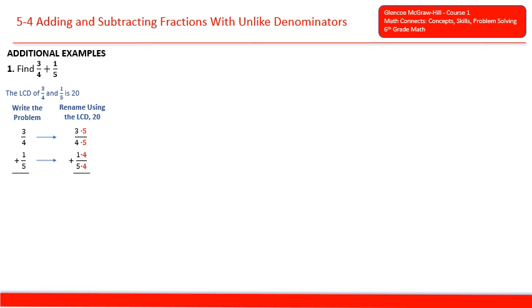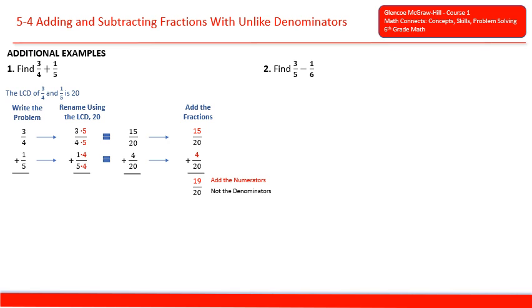So we will multiply 5 times 4, and therefore 1 times 4. If we multiply those out, we get 15/20 plus 4/20. Then we add 15 and 4 to get 19/20, and that should be in its simplest form. Remember, we got 19 because we added the numerators, and we don't add the denominators.